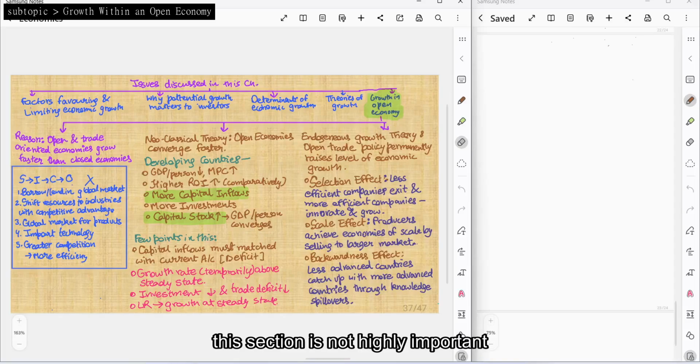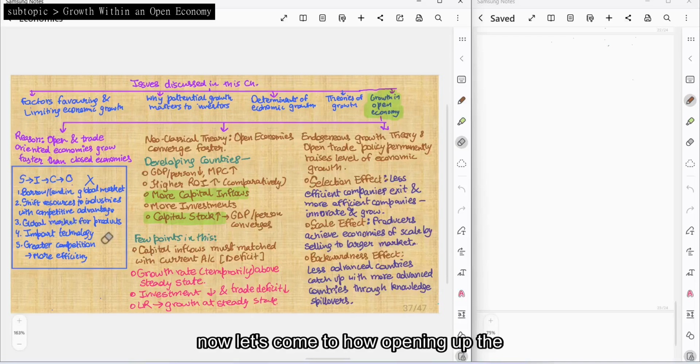So I will say this section is not highly important compared to these two, but here are the points. An open economy can borrow and lend in global markets, and shift resources to industries which have a competitive advantage. Companies have a global market available for their products, import technology, and greater competition leads to more efficiency. Inefficient firms quit the business.